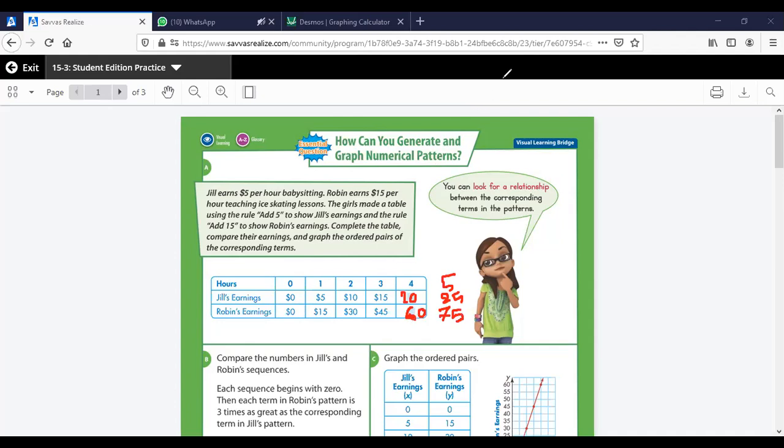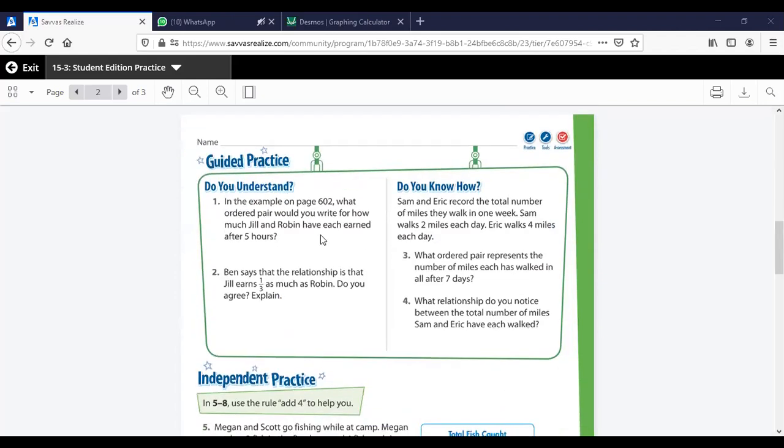Yeah. Excellent. So now let's go to the next one. Sam and Eric record the total number of miles they walked in 1 week. Sam walks 2 miles each day. Eric walks 4 miles each day. Did you understand the case here?